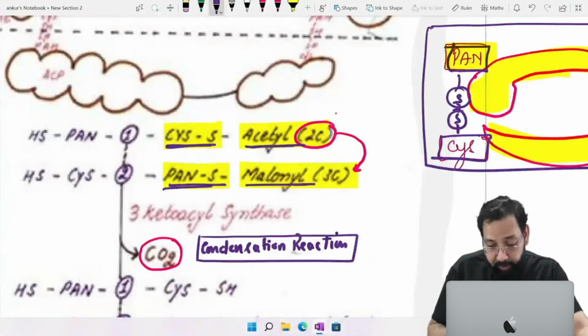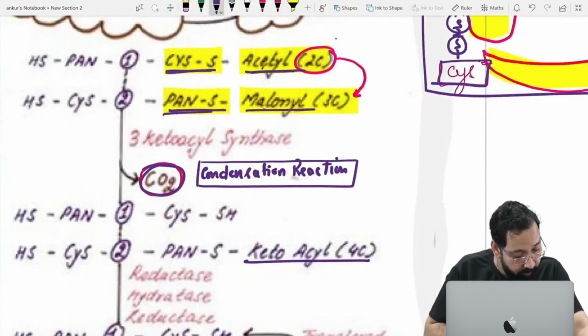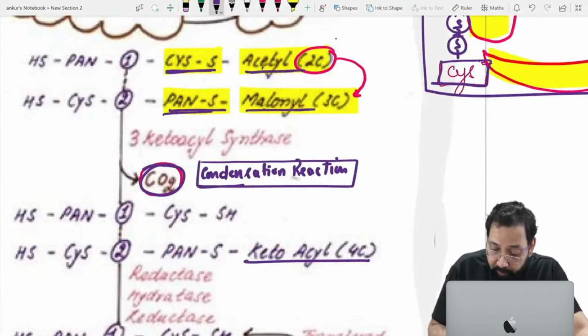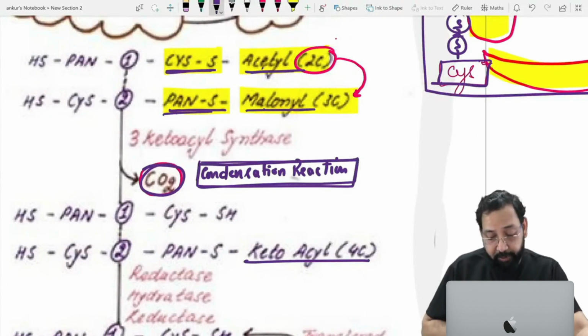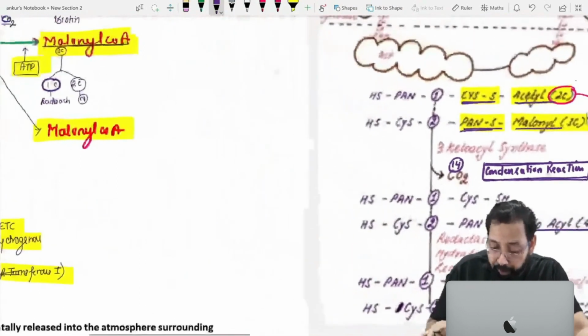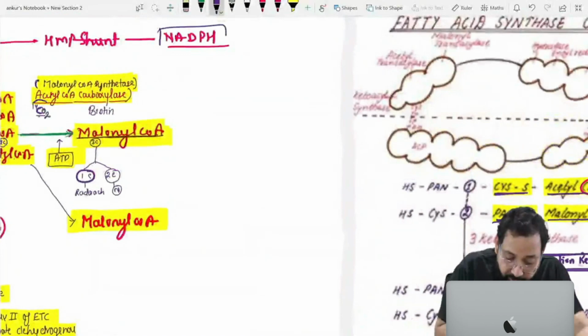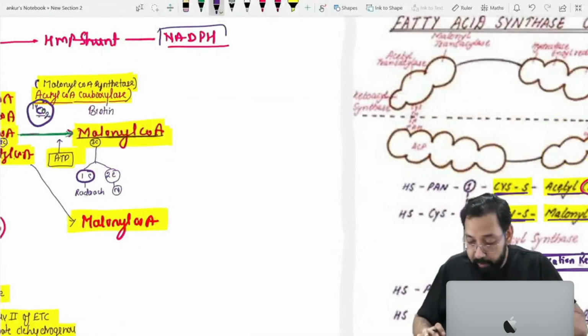When the condensation reaction occurs, acetyl binds with malonyl and CO2 is removed. This removal of CO2 is the condensation reaction. And this carbon is radioactive, so whatever carbon was joined here is removed in the condensation reaction.